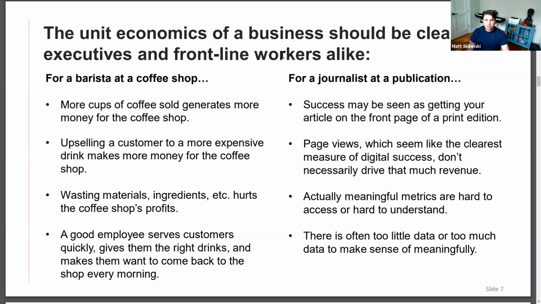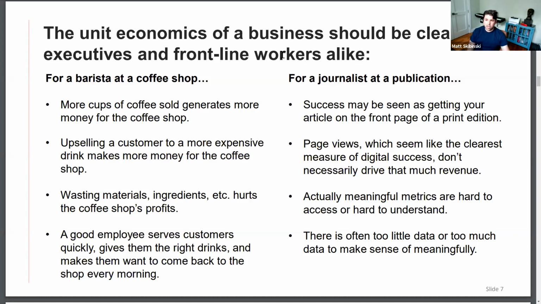Now, if you compare that to a journalist at a publication, especially when it comes to digital content, there's a lot of confusion about this. Is a successful article one that gets on the front page of the print publication, if there is one, or on the front page of the website or mobile product, if there is one? Is it a matter of page views? If I write an article that gets 1 million page views or 2 million page views, is that successful?